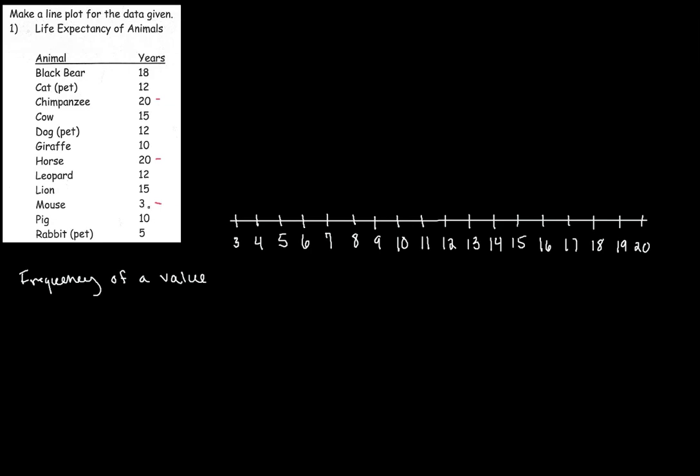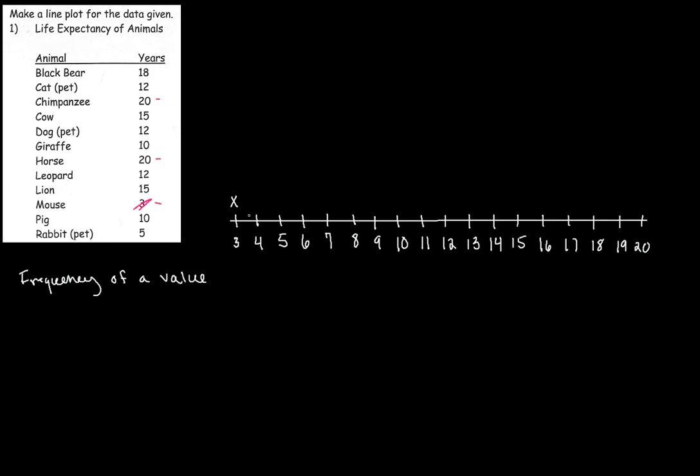For example, if we take this 3 here, there's one animal that has a life expectancy of 3. So we're going to put 1 x above this 3, and I'm going to cross that out in my mind. So 3 is done.